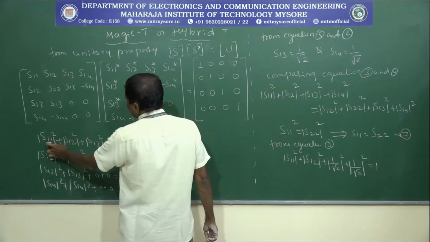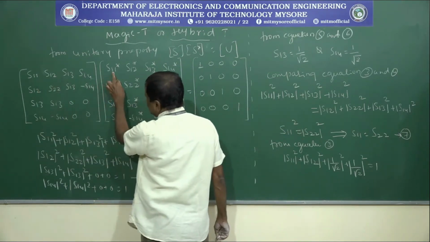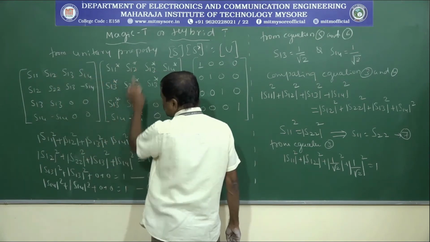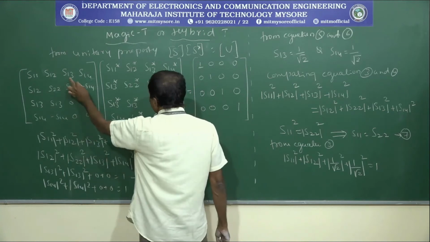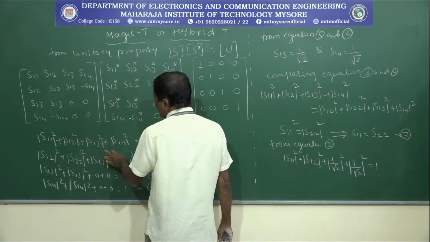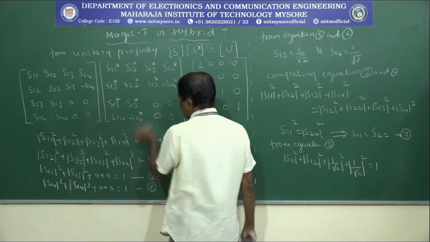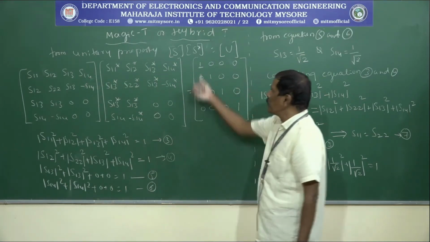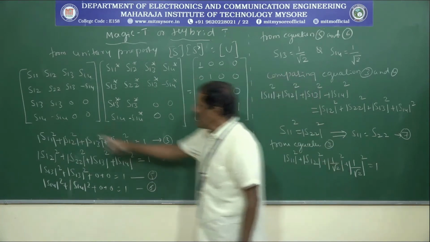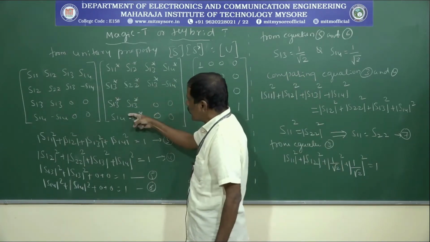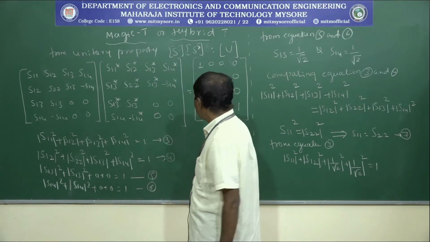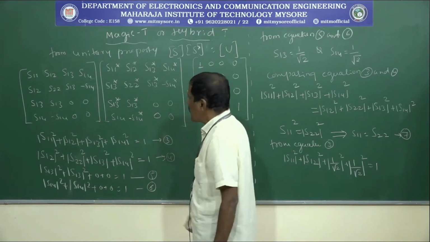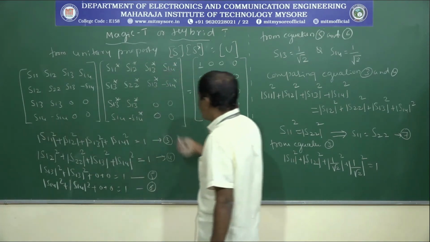That is S11 into S11 star, so you can write it as S11 square. S12 into S12 star, I can write as S12 square. S13 into S13 star, S13 square. S14 into S14 star, S14 square. That value must be equal to 1. Similarly, the second row and second column gives 1, and likewise the third row and third column, and the fourth row and fourth column.